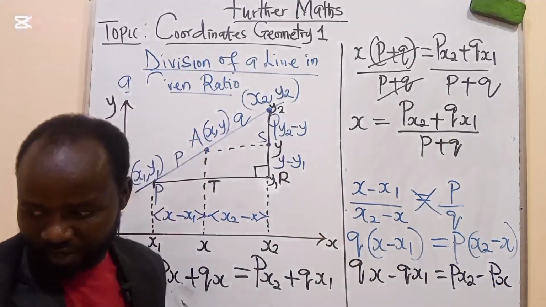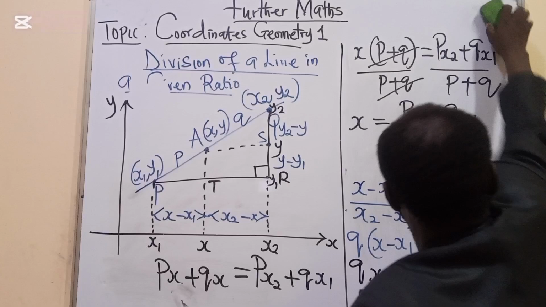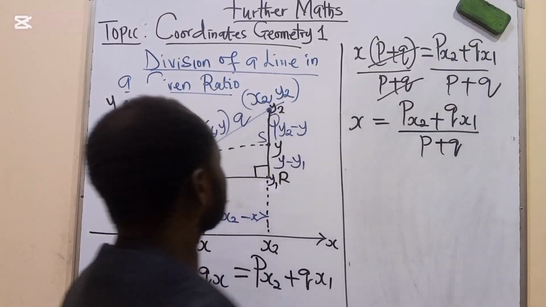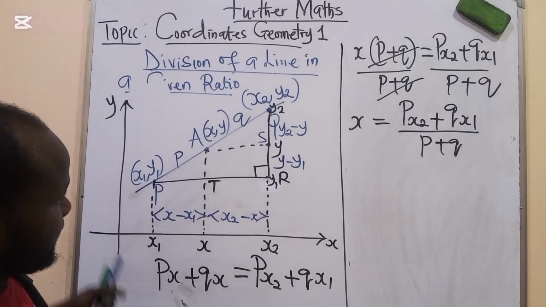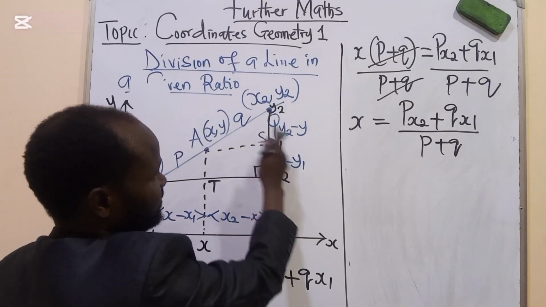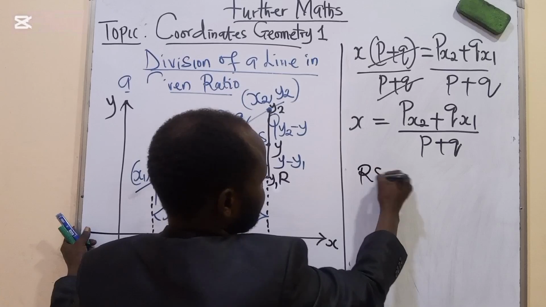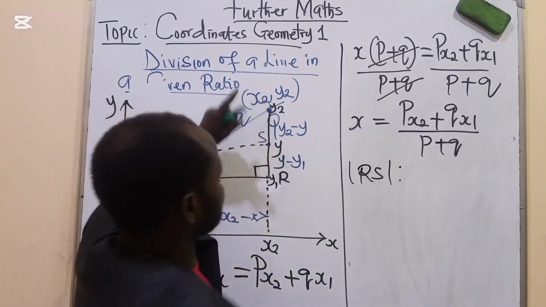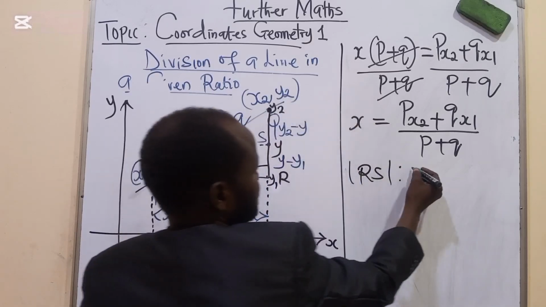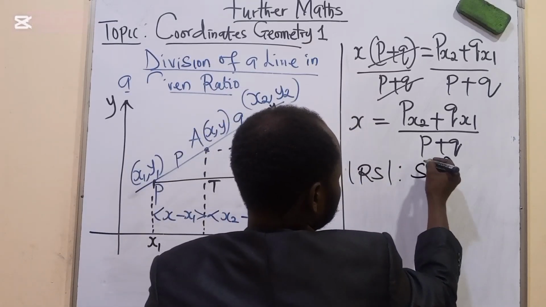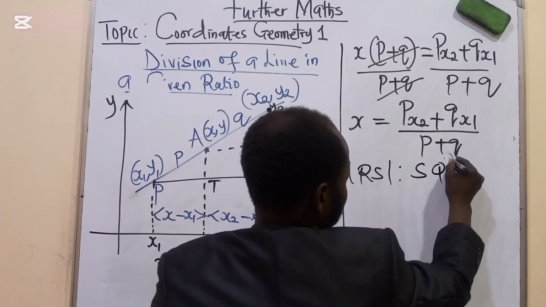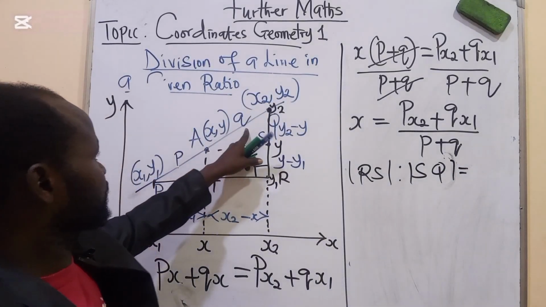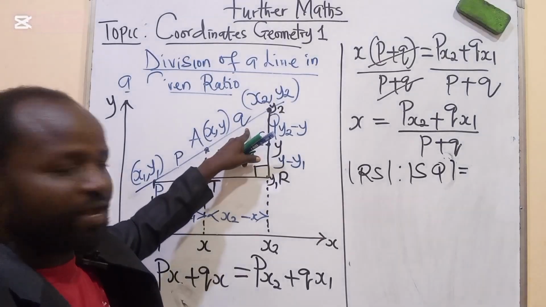So let's look at that of y. What about y? This is for x. Let's look at that of y. The same concept. We pick the length R to S, ratio the length S to Q, that's this Q here now. The length S to Q is the same as PQ when we consider the y-axis now.